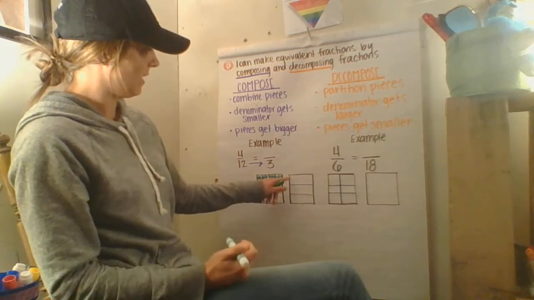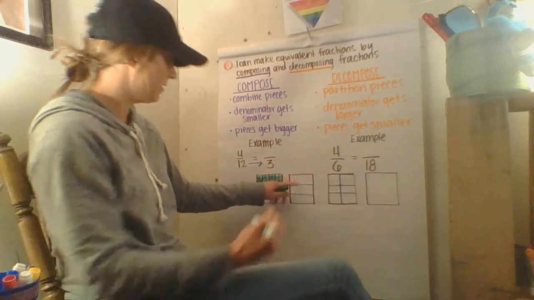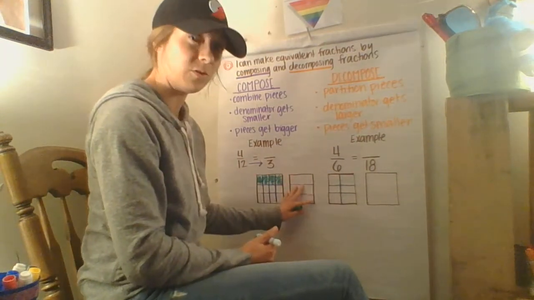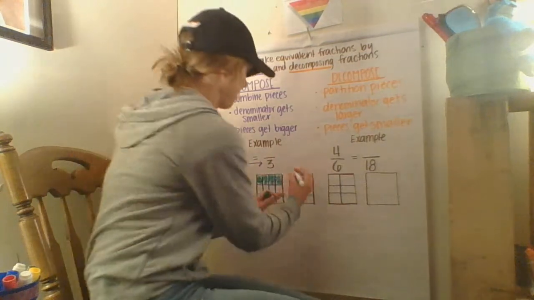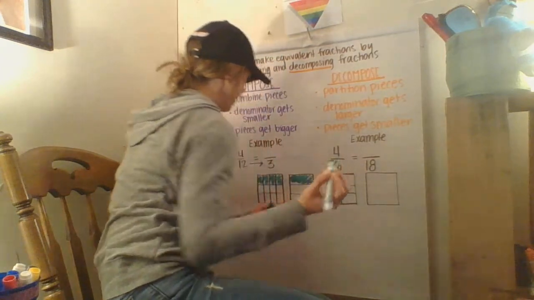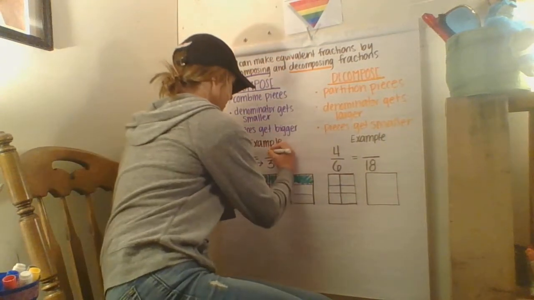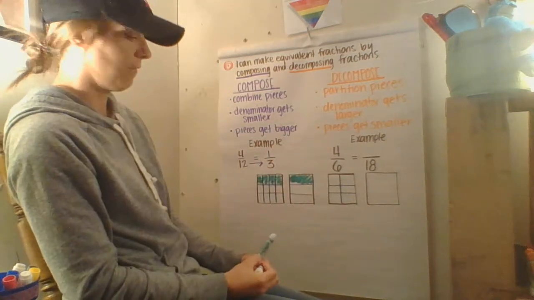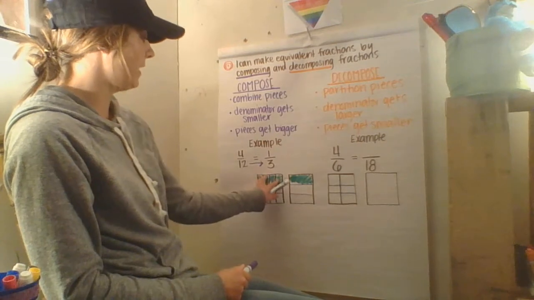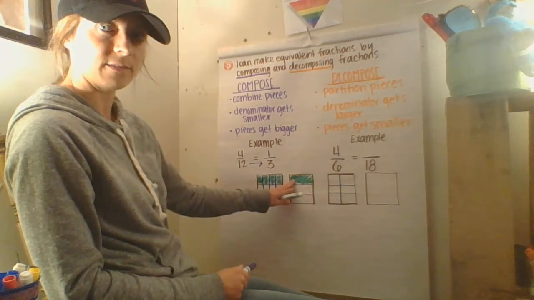Now I need to see what the same area is with my fraction model when my whole is only in 3 pieces. I can see that 1/3 is equal to 4/12. I composed by combining smaller fraction parts into one larger piece.